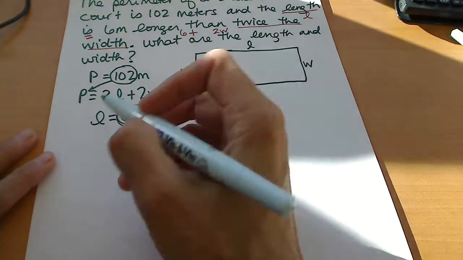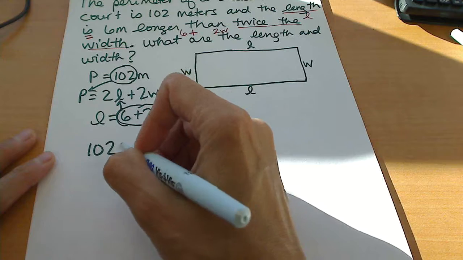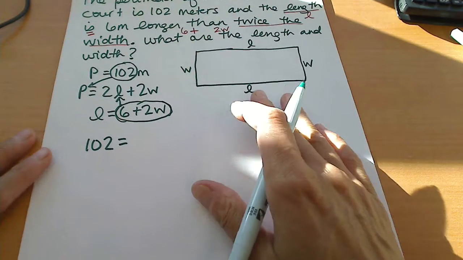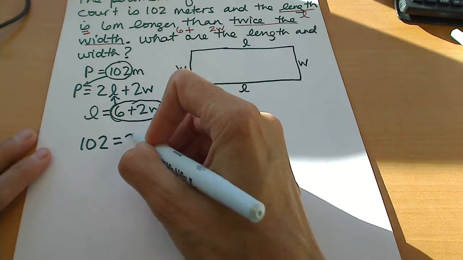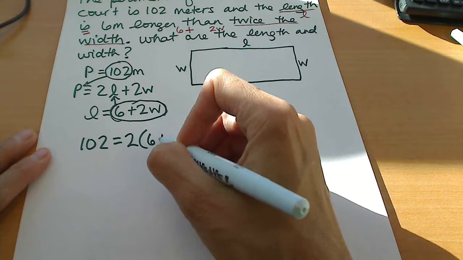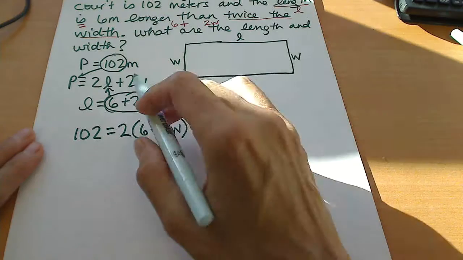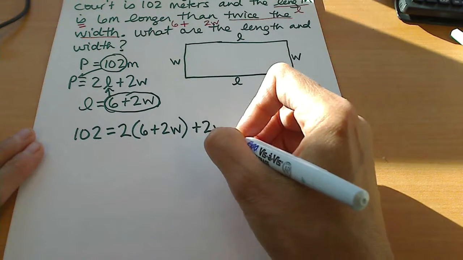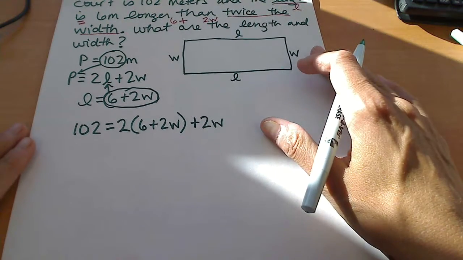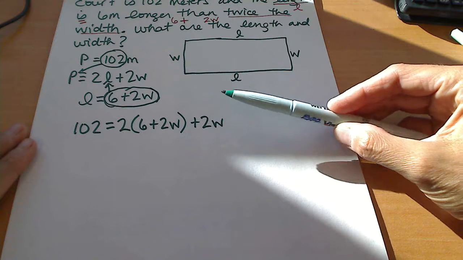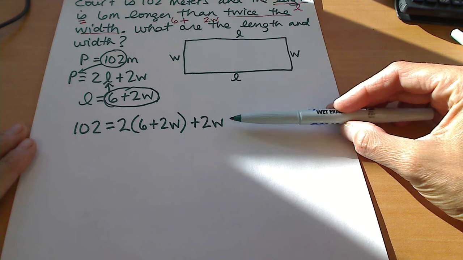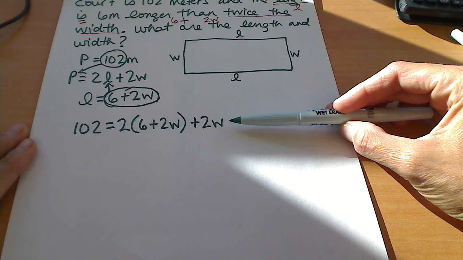Okay, so our new equation is going to look like this. 102, that's the 102 going in for the perimeter, is equal to 2 times the length, but I'm plugging in for the length, 6 plus 2W. And then we have our plus 2W off the end there. Okay, so you can see now that we have just one equation in one variable. And that's what we want in order to be able to solve this.